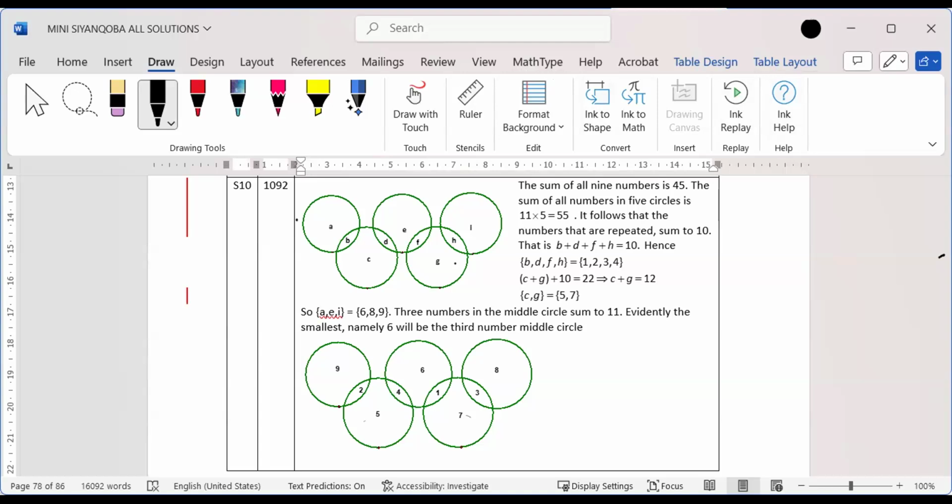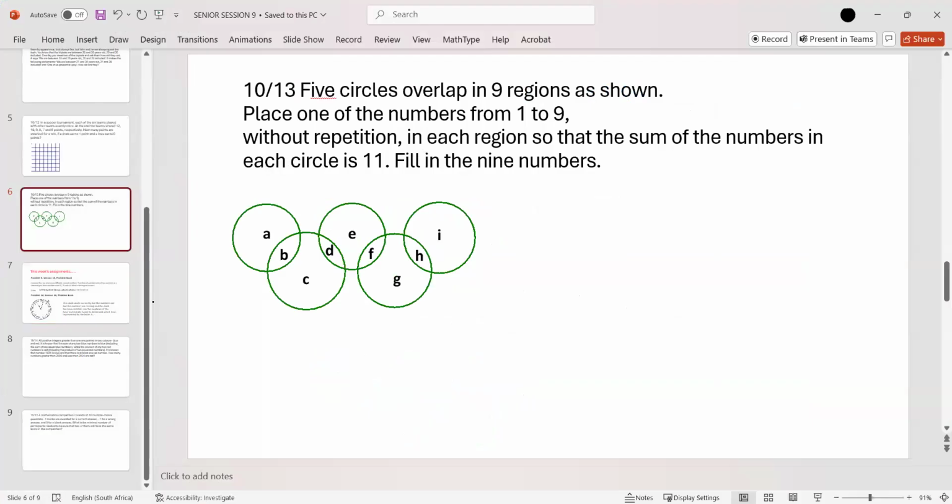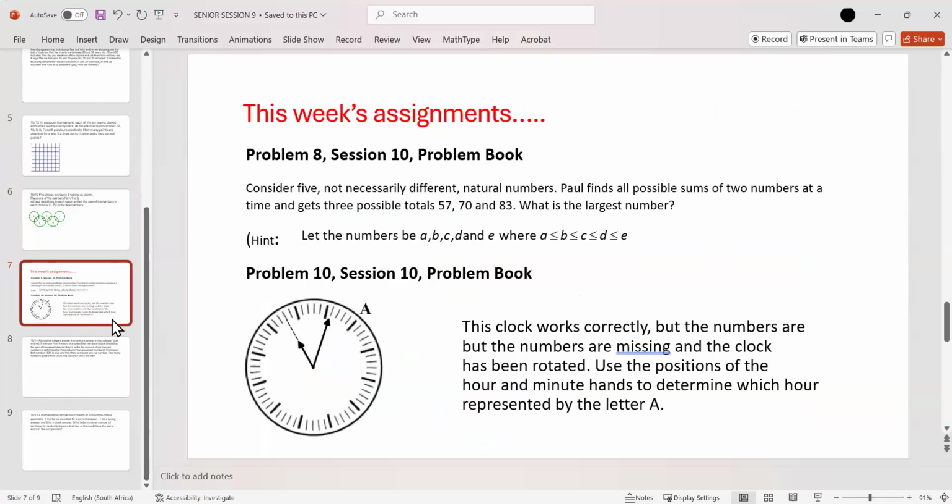Okay, so let's go back to the next problem. Okay, so logically, you can actually solve this problem. Now, oh yes, assignments. You got 2 assignments for this week, so it's going to be a little bit challenging.